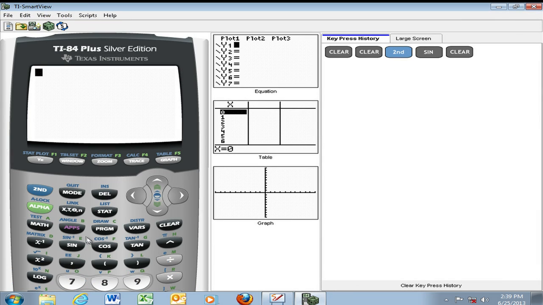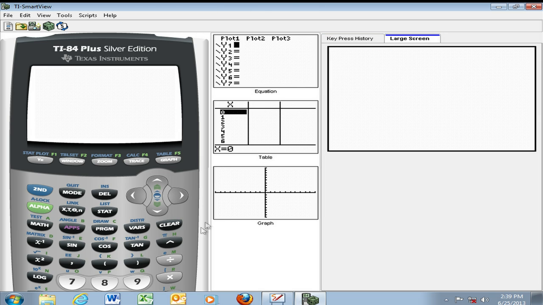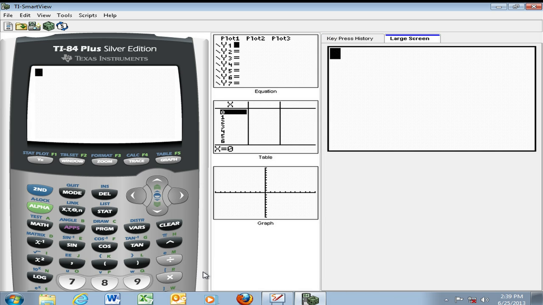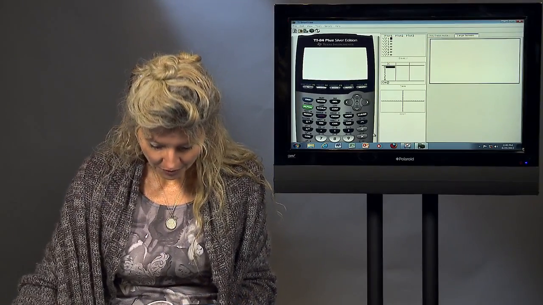Let's see if I can bring this up. For some reason, my calculator is frozen in time. On your end, of course, I know your calculator's not frozen, so you should be able to do this.